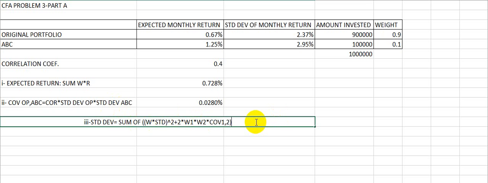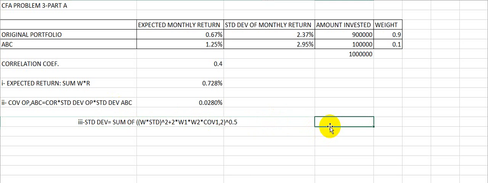Okay, we're not done yet. All of this will be to the power of half, or power 0.5, the radical of the entire equation.